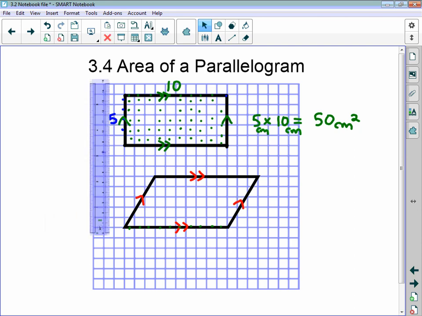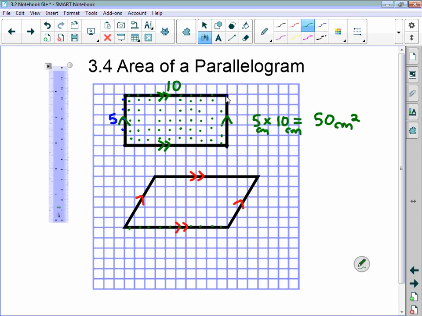Let's measure the side, and I'll be as precise as I can. 0 there. Okay, that is at the 6. So it is 6 units, since my ruler's set so that each one is spaced 1 unit apart on the grid. So the side here is actually 6 centimeters, and across is 10 centimeters.